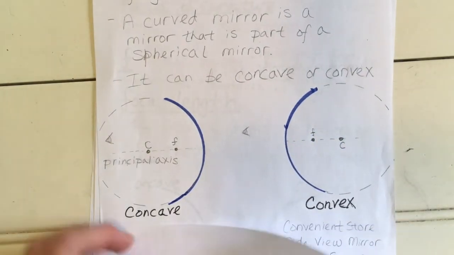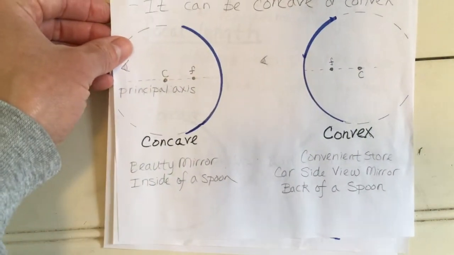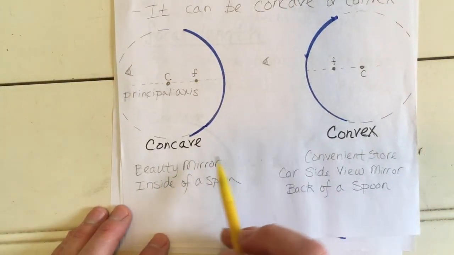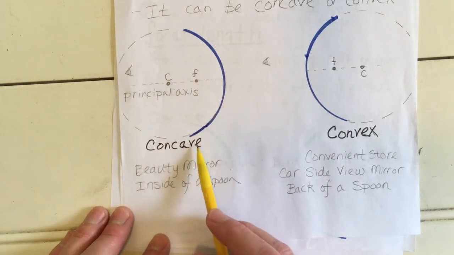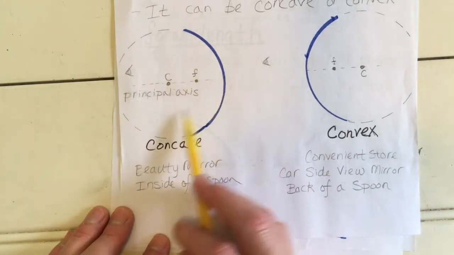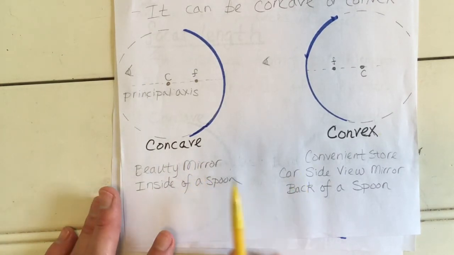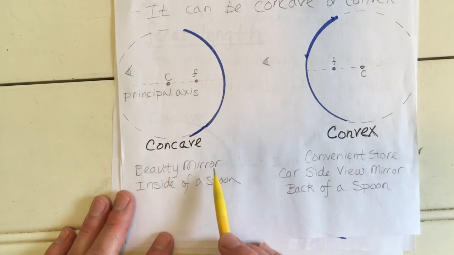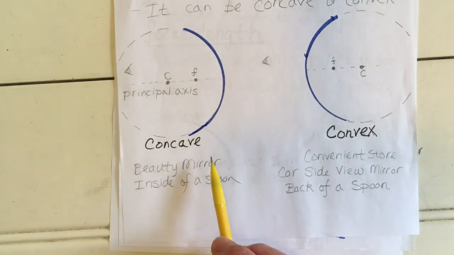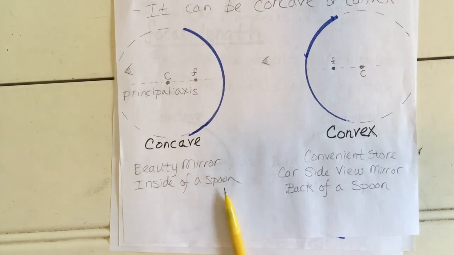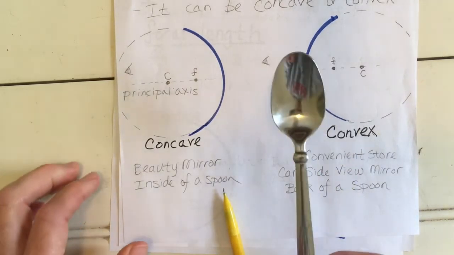Okay, so examples of concave and convex mirrors. A beauty mirror, when you look inside of a sphere that's curved, this is how you get a larger upright image. Now, it's going to depend on how close you are to the mirror, because some interesting things happen with the beauty mirror. I notice I wrote the inside of a spoon. Let me see if I can grab a spoon here.